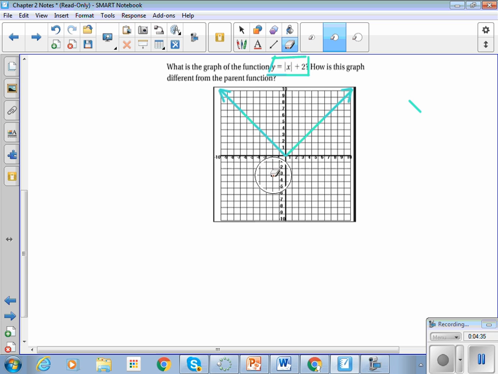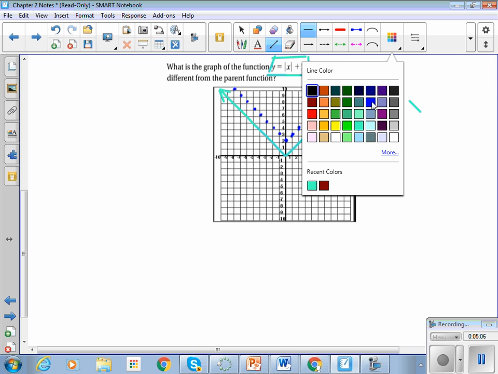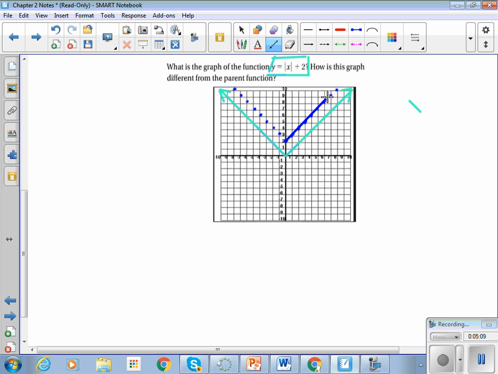Every coordinate that we have here, we're going to increase by 2 until we get our nice V shape that is shifted 2 units up. And always, absolute value is going to be a straight line. So let's make sure that we're using our rulers and making these lines nice and straight.